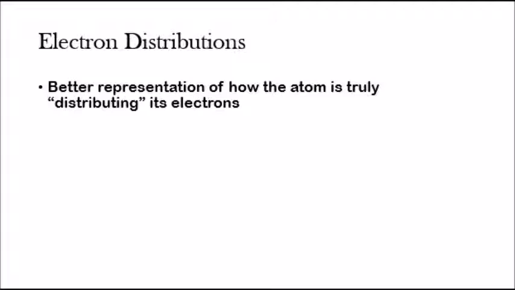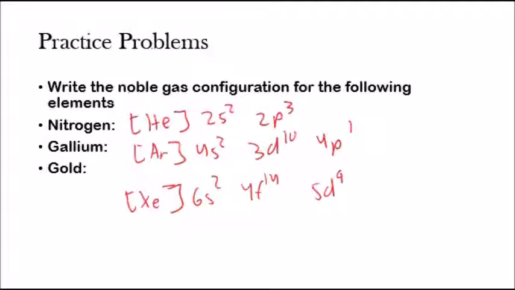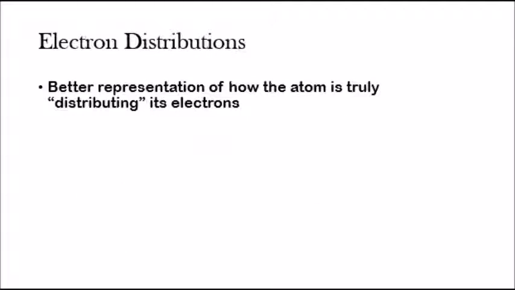So let's go ahead and write the electron configurations, I mean the electron distributions, for these three elements. We know that nitrogen is helium, which is 1s2, then 2s2, 2p3. Let's look at what an electron distribution is.